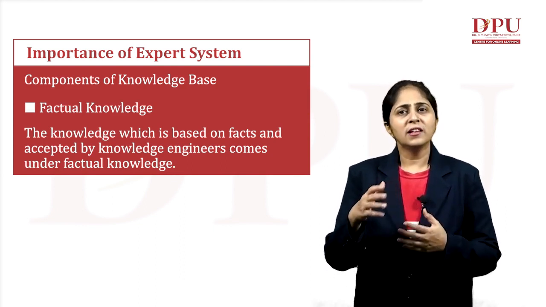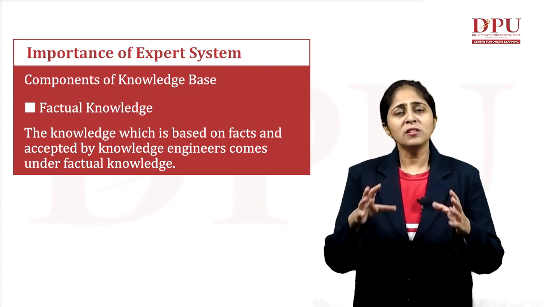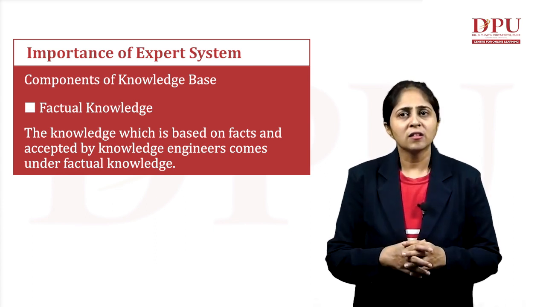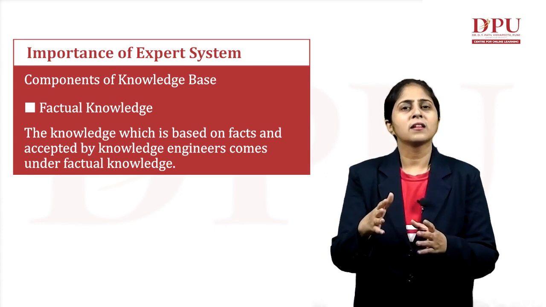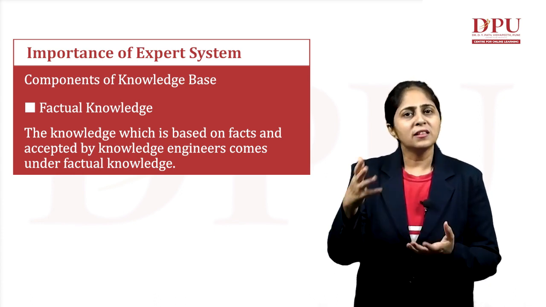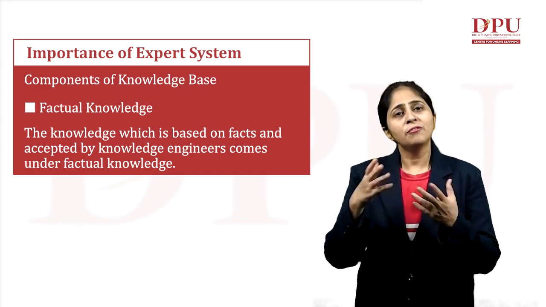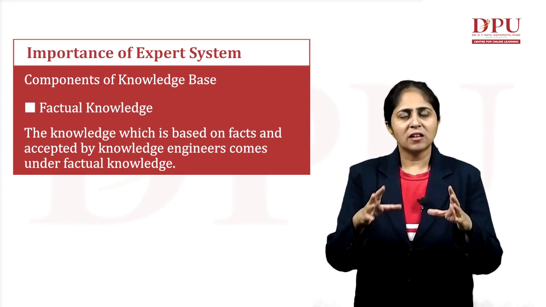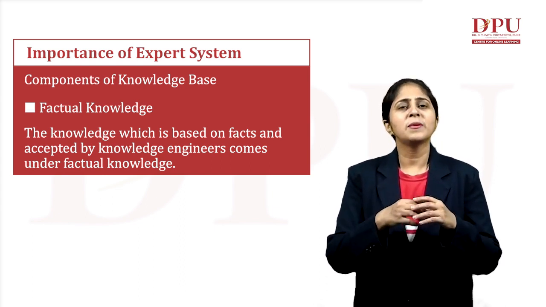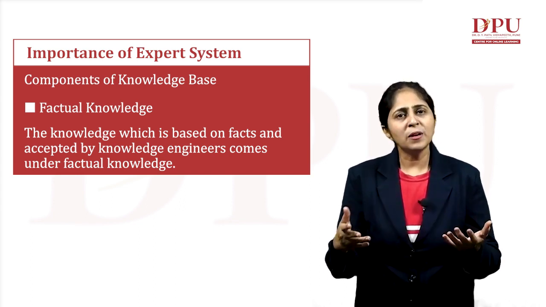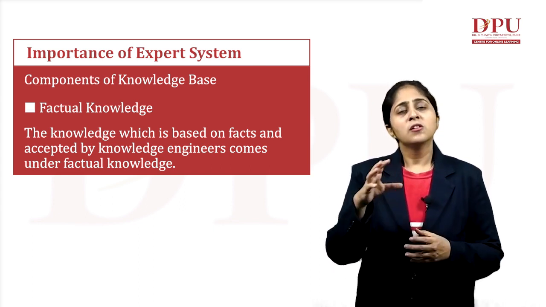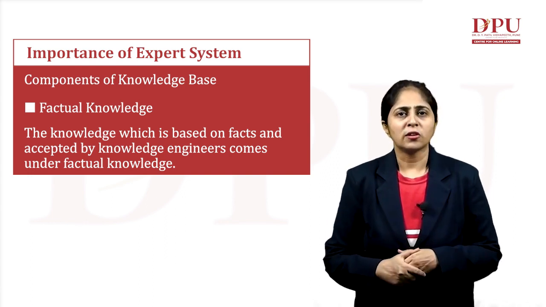For example, we can say the sun rises in the east. It is a fact. So this knowledge base works on the basis of certain facts which are already known and accepted by the knowledge engineer. So this works on factual knowledge.